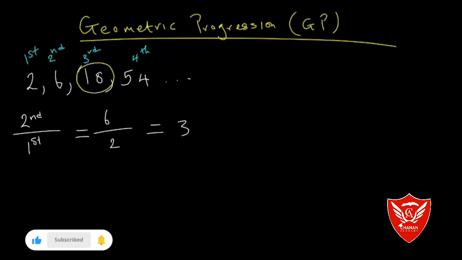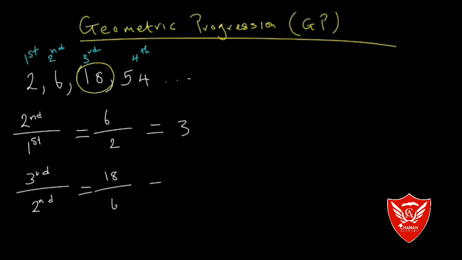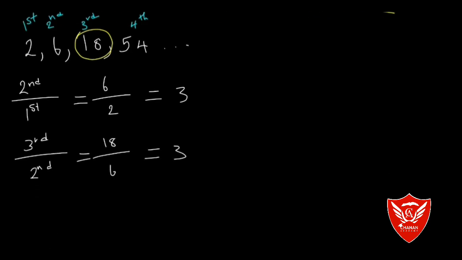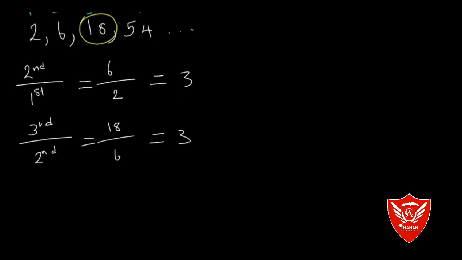Let's also see the ratio of the third term and the second term. The third term is 18, the second term is 6, and this is also 3. Let's see the fourth term and the third term. The fourth term over the third term gives us 54 over 18, and this is still 3.